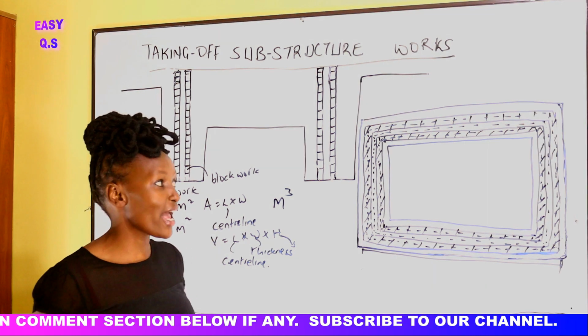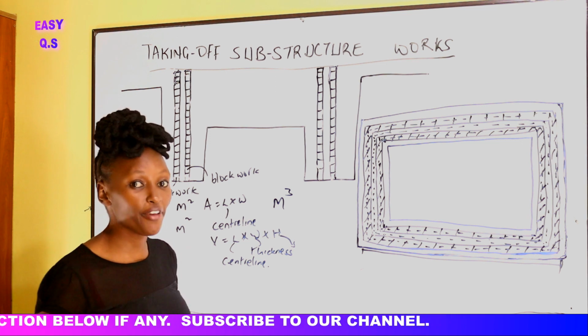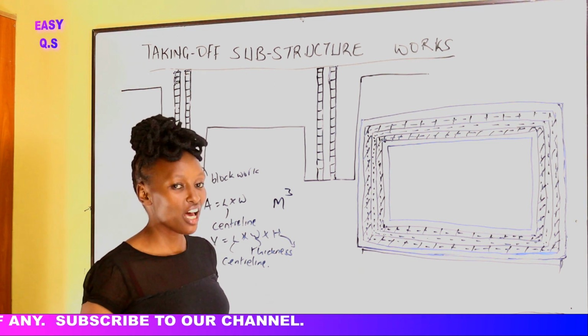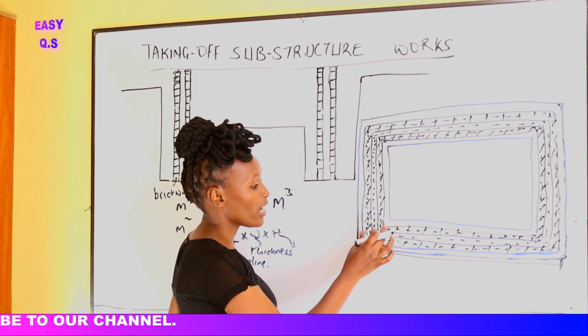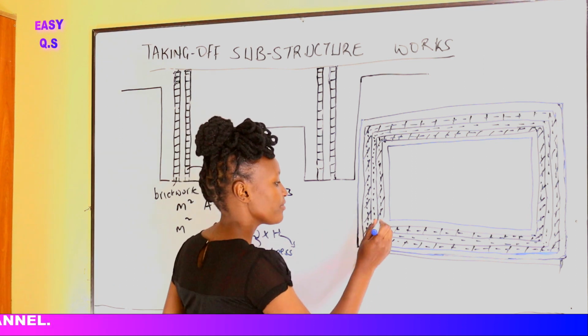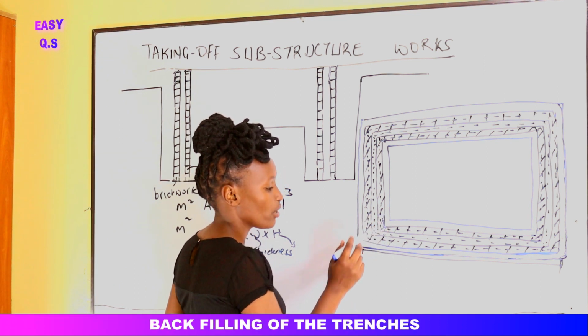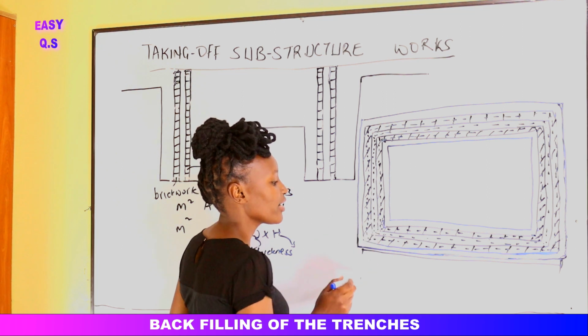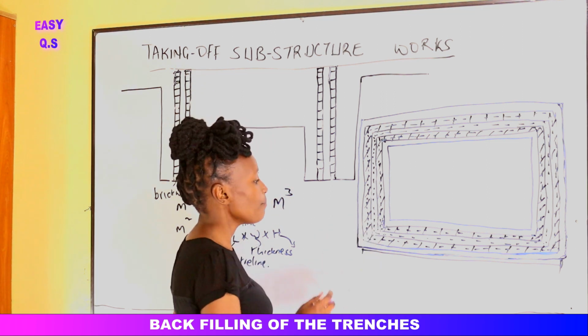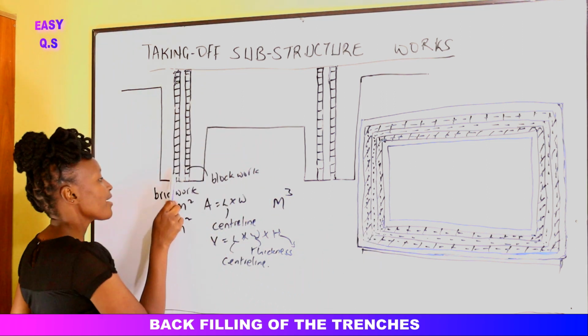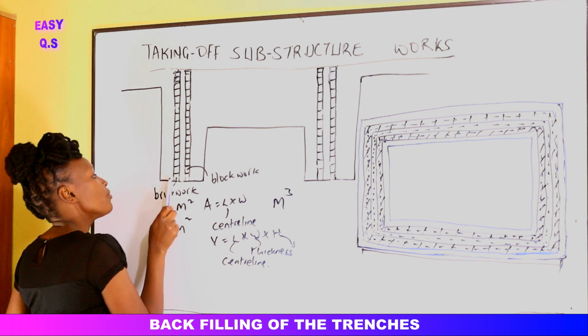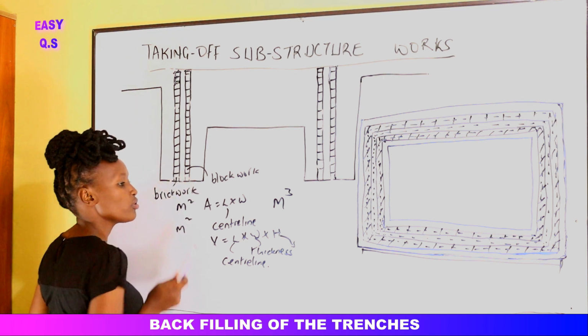Okay, so the next item that we shall deal with is backfilling of the trenches. I see that we have a cavity wall here. We have said this is the brickwork outside, then we have the blockwork, then we have the cavity inside. We have the foundation spread on both sides.